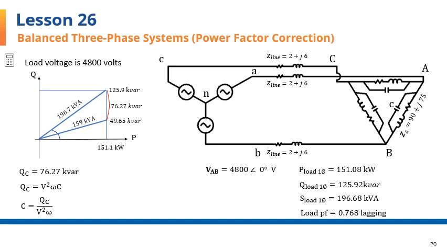Substituting values, C equals QC, that was just found in volt amperes, over the rated voltage at the load squared, line to line voltage, times 2 pi times 60, which gives us the omega. And capacitance comes to 8.781 microfarads.